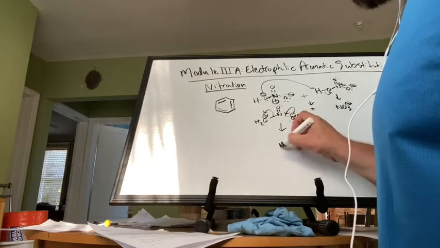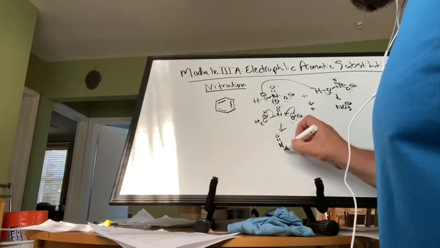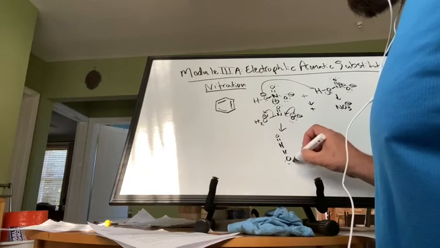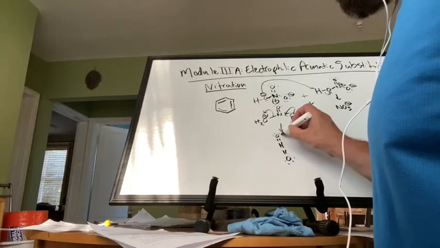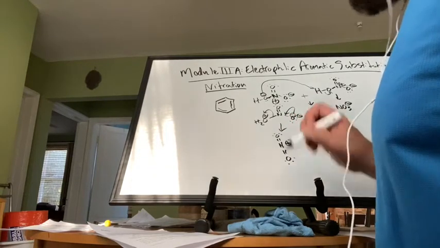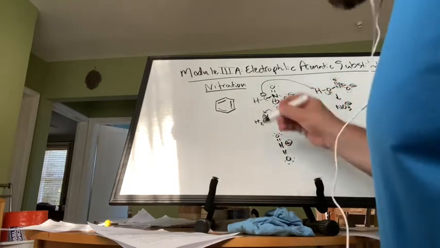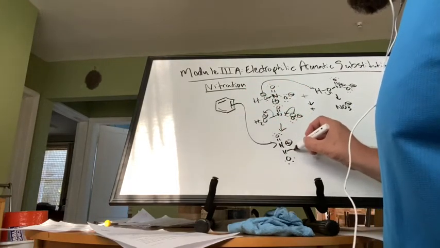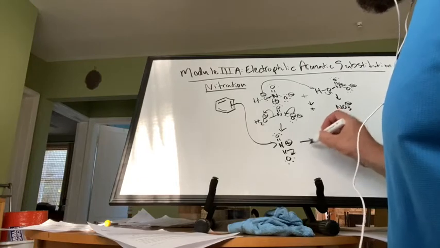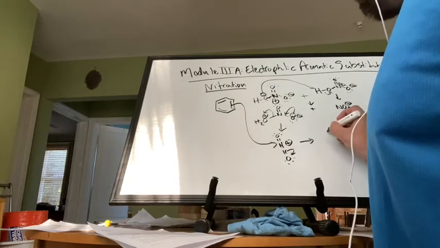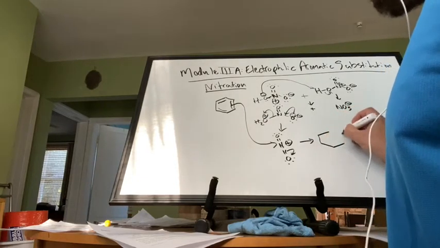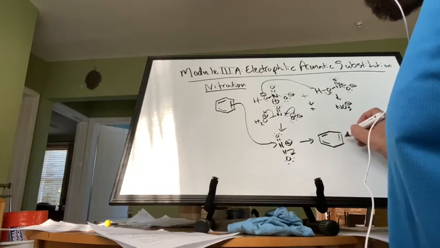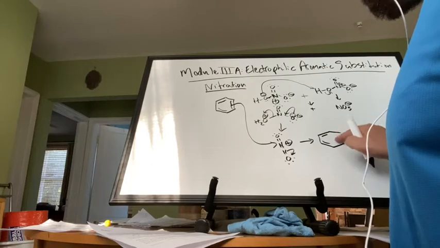Okay. Then we have this NO2, a nitronium ion, that is, not surprisingly, going to be positively charged. So a formidable electrophile. Okay. So now, once again, we're going to form a sigma complex.